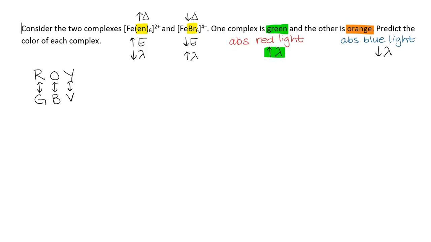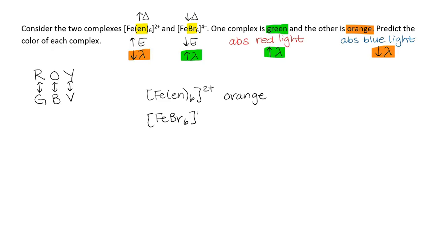So the green complex has to be the one with the bromide ligand, because those both, we determined, had the longer wavelength of light absorbed, and the orange complex corresponds to the shorter wavelength absorbed. And so my ethylene diamine complex is orange, and the bromide complex is green.